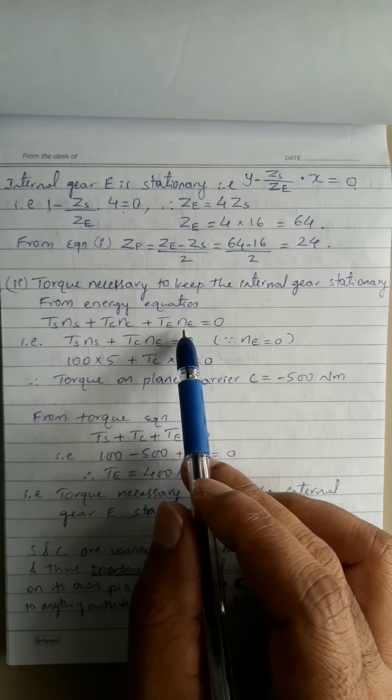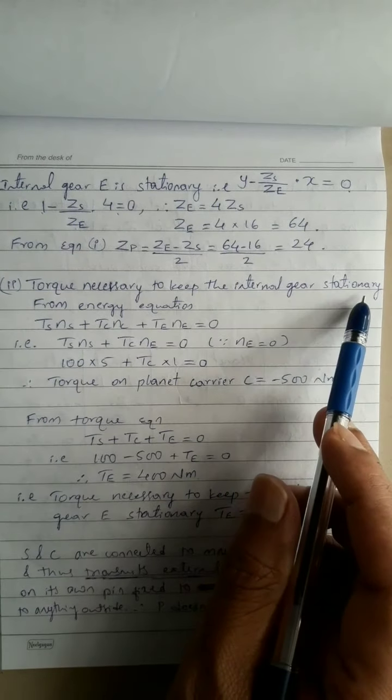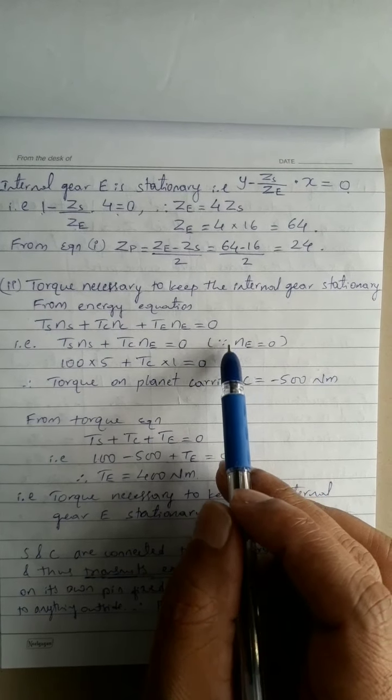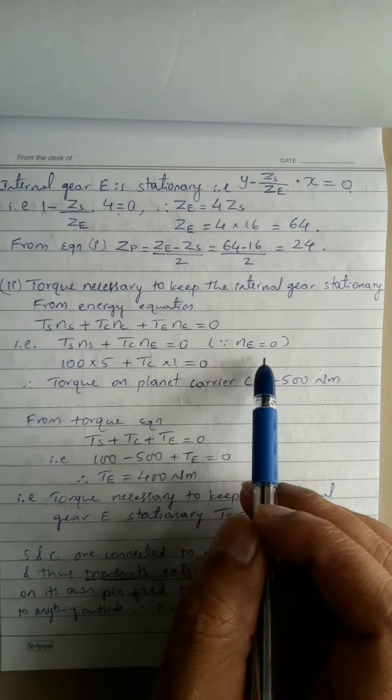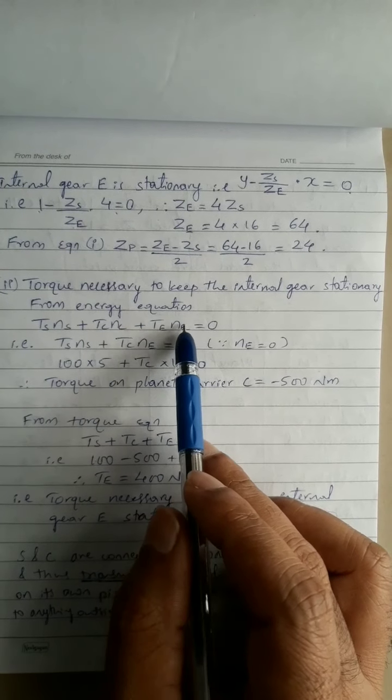Now, according to the given data, the internal gear is stationary, that is the speed of gear E is 0, and once you substitute 0 here, this term will become 0.